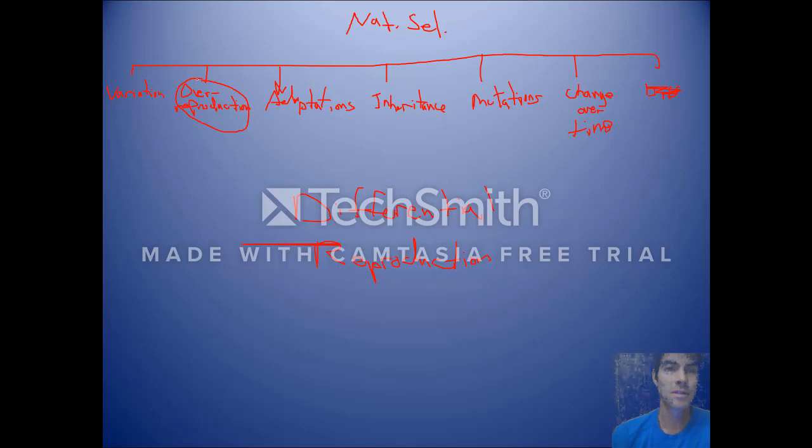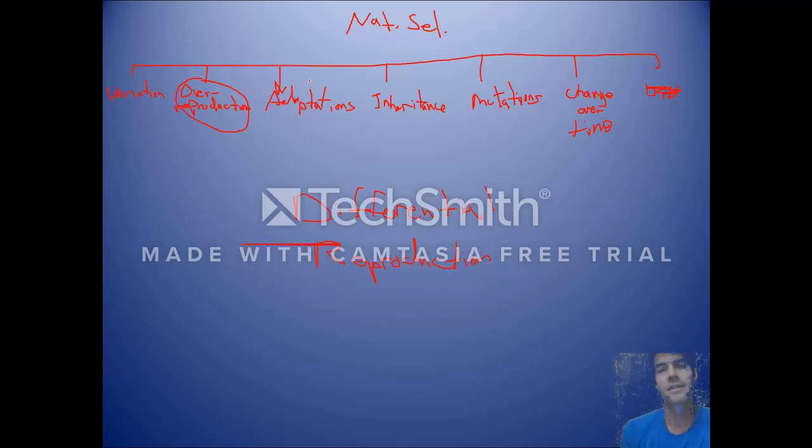Adaptations: we see different species having qualities that help them survive in their environment, like fishes, their fins, their shape, their gills; birds, the shape of their wings, being lightweight, those bones.